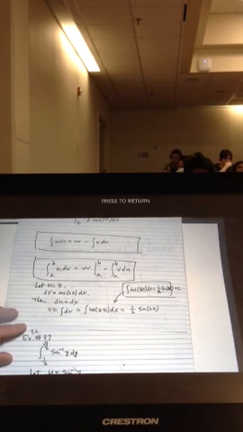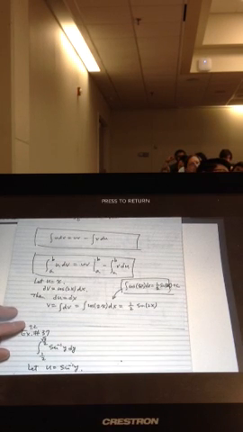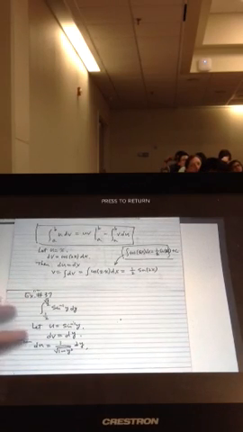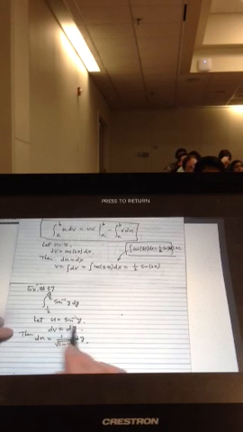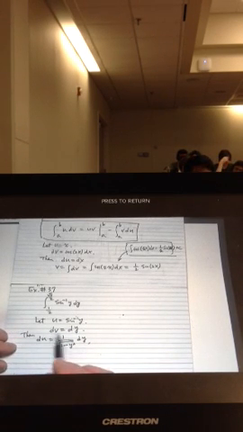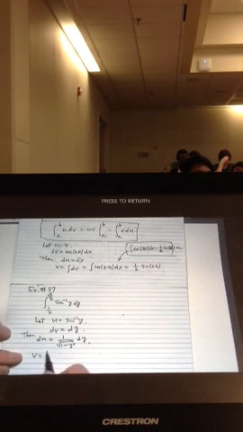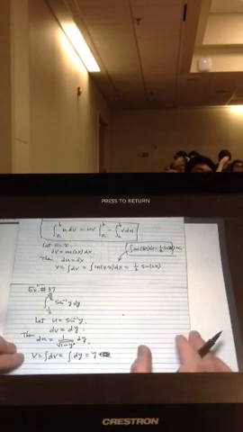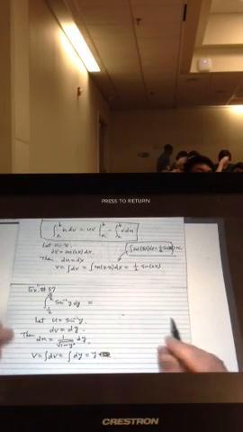That's the derivative of inverse sine. And what is v? Well, v is the integral of dv. So it's the integral of dy, which is y. So I just use y.